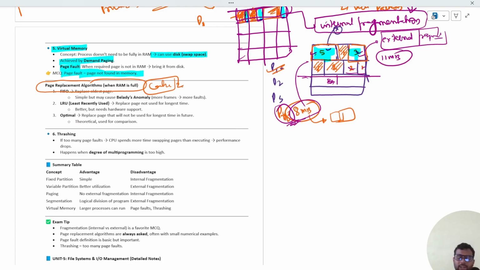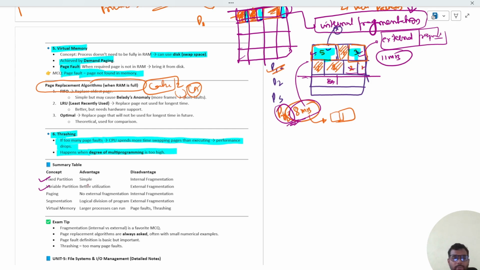In memory management, that is in computer architecture, there is cache replacement. The same technique can be used over here, which we will see in later videos. Thrashing we have already done: if too many page faults occur, the CPU spends more time swapping pages than executing, and performance drops when the degree of multi-programming is too high. This is the summary of what we have done above.